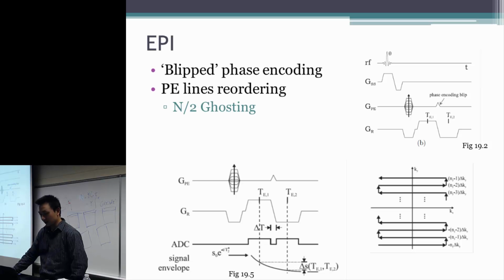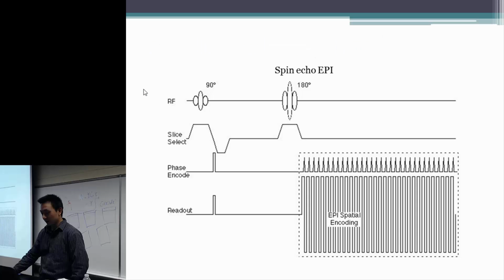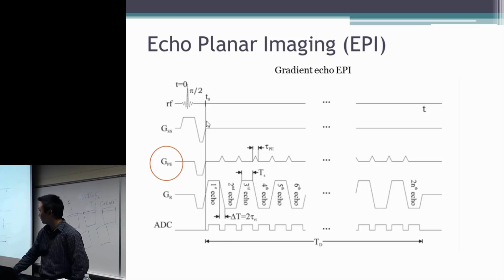Okay, so as we've seen before, we used blip phase encoding between the EPI echoes. Although when we say EPI, we include this whole sequence diagram here, most of the time when we talk about EPI, it's more like this readout scheme, that uses fast flipping readout gradients along with the blip phase encoding.